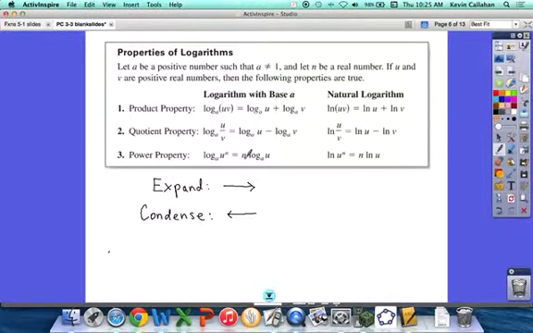So that n is now out front: n log base a of u. As long as that n is the exponent for the whole argument inside, you can take it to the front like that.